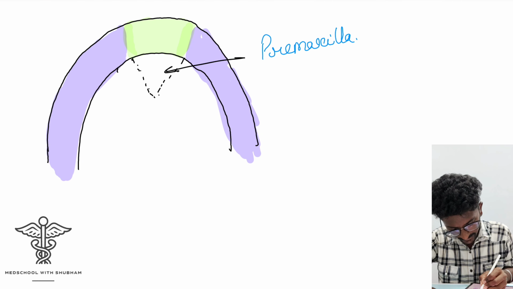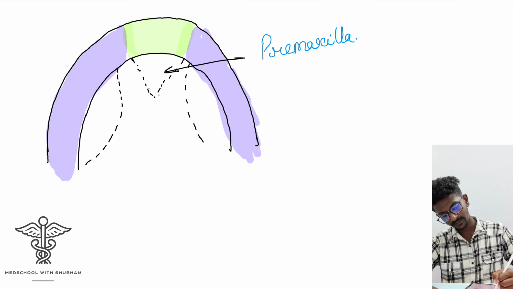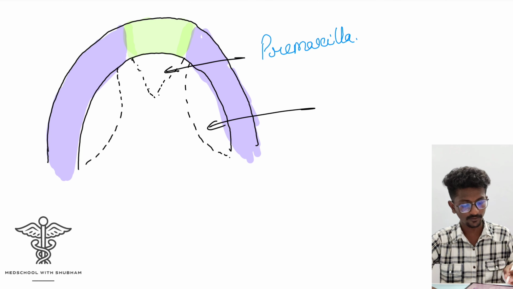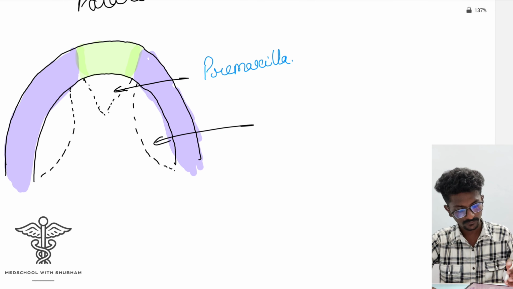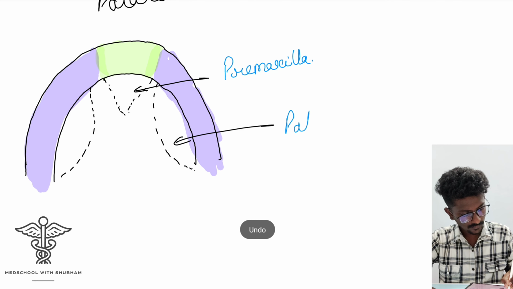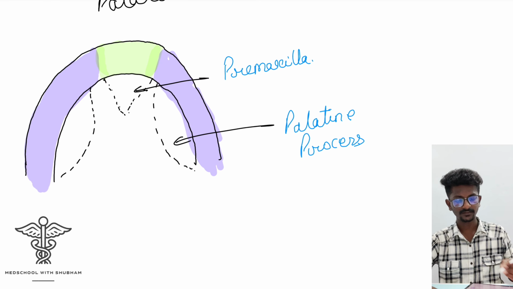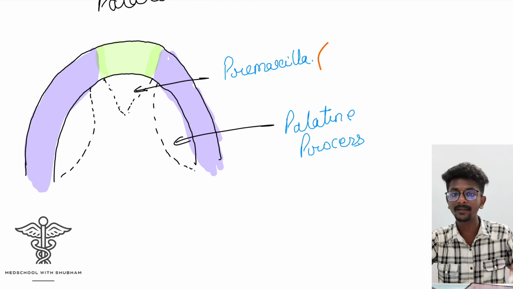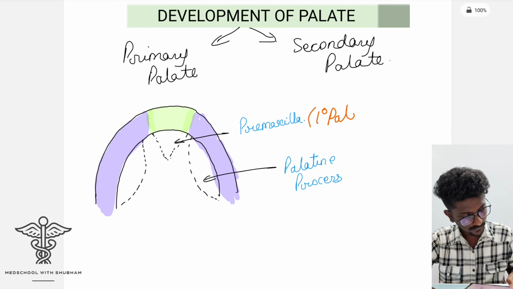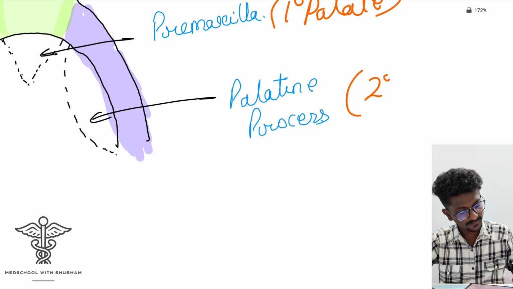Also there will be extensions from the maxillary process, and these extensions of the maxillary process are called the palatine process. One more very interesting thing: this premaxilla is nothing but the primary palate. The premaxilla is the primary palate and the palatine process is the secondary palate.